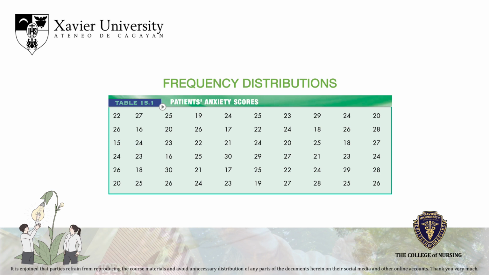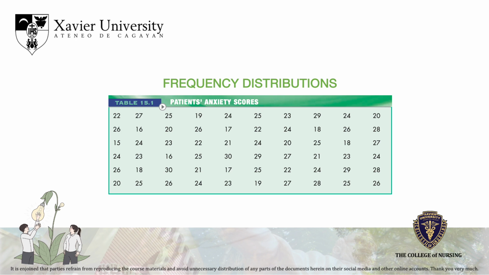Let's have a quick review with this example. We have Table 15.1, titled Patients' Anxiety Scores. For our frequency distribution, data that are not analyzed or organized are really overwhelming. It is not even possible to discern general trends in the data without some structure.